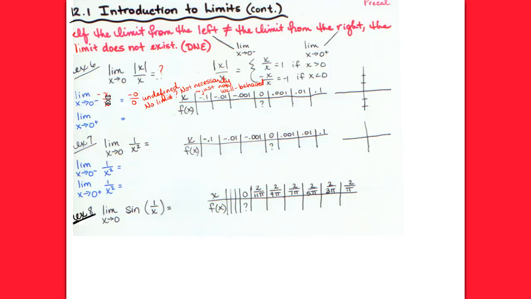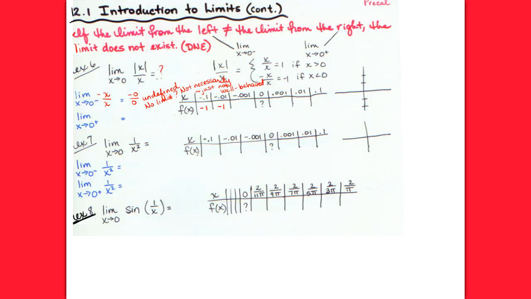So let's go through and plug in some values. If I plug in negative 0.1, I'm going to have minus a negative 0.1, so plus 0.1, divided by negative 0.1. So 0.1 divided by negative 0.1 gives me negative 1, right. Same story here. If I have negative 0.01, I can say negative negative 0.01, so positive 0.01, divided by negative 0.01 gives me negative 1.